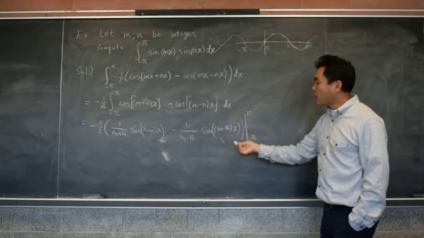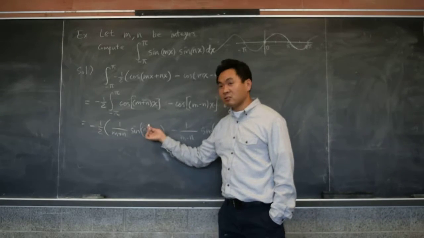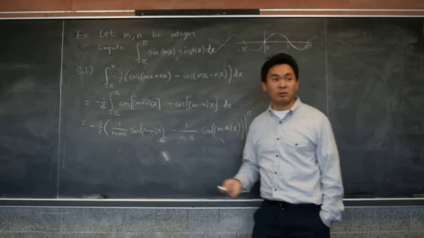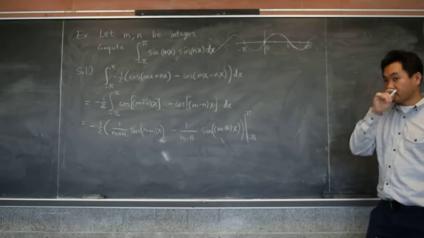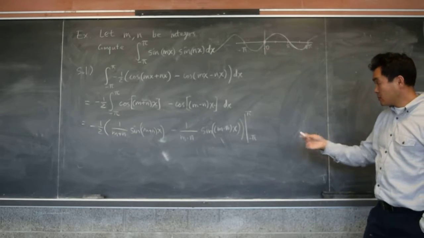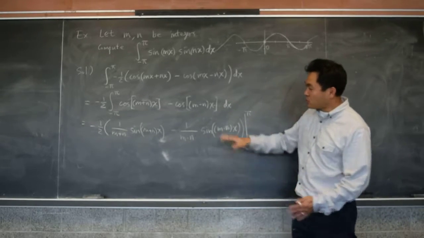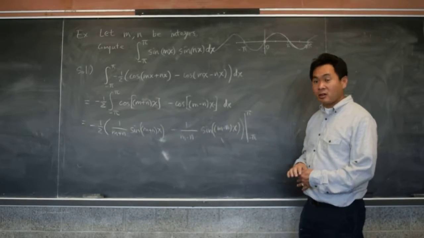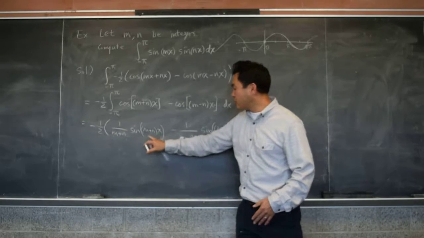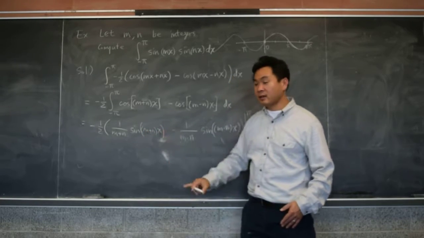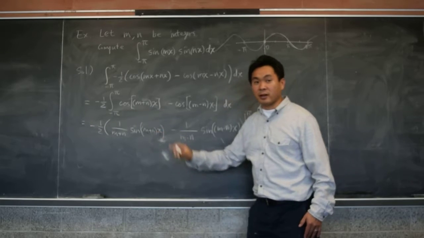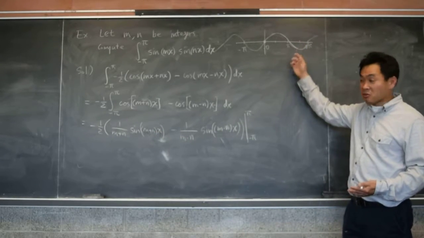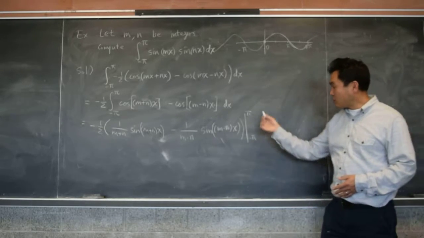When you add two integers, it's an integer. So some integer times pi. We still haven't evaluated this; we have to plug in and subtract. If we plug in pi here and it's an integer times pi, what's the sine of an integer times pi? It's 0. At integer multiples of pi, sine is 0. What about this one?